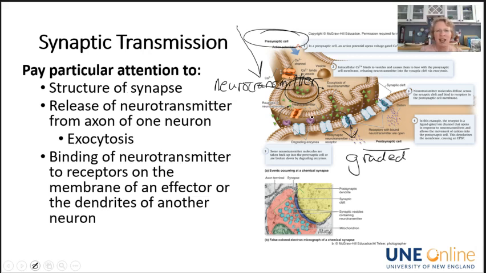So, structure of synapse, physical gap, release of neurotransmitter from presynaptic, binds to the postsynaptic, and then after that binding, we have enzymes that break down the neurotransmitter, and then the pieces are brought back up into this presynaptic cell and used to make more neurotransmitter.